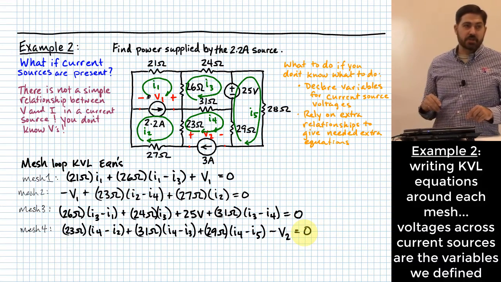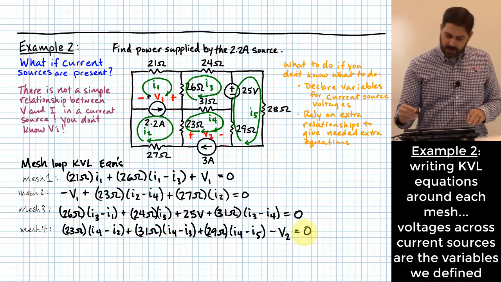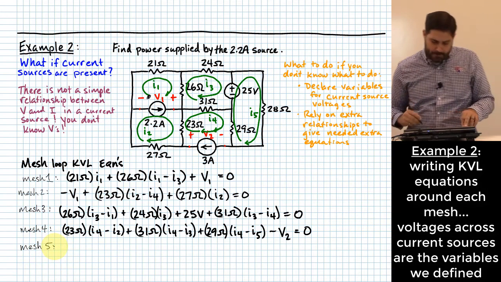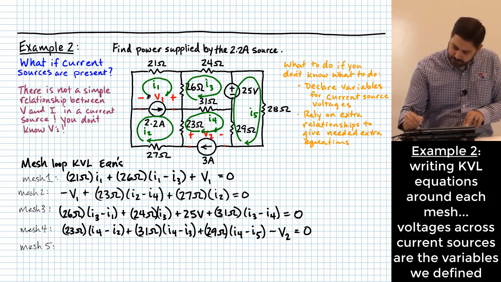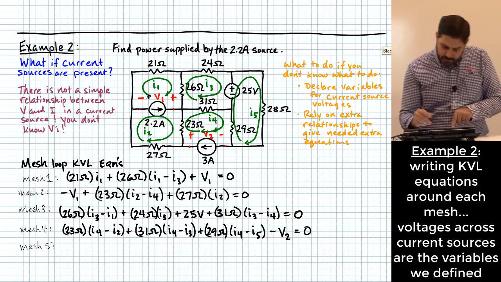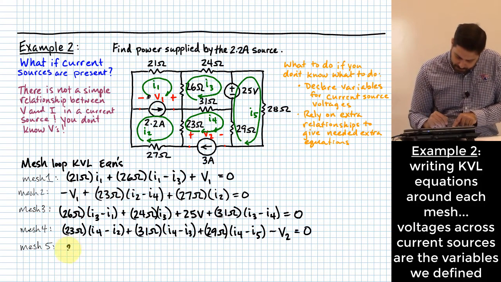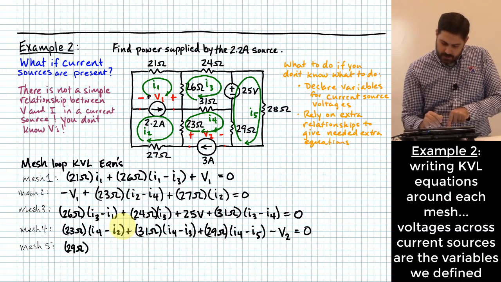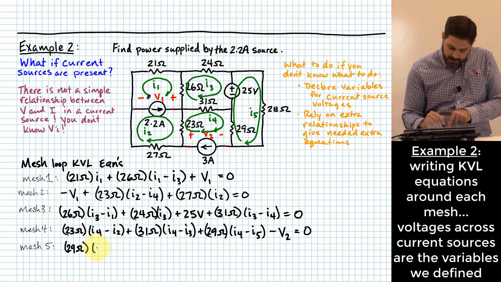Only one more mesh left to go. We'll go to mesh 5 here. So mesh 5, we'll start at the 29 ohm. The current through there is going to be I5 minus I4.